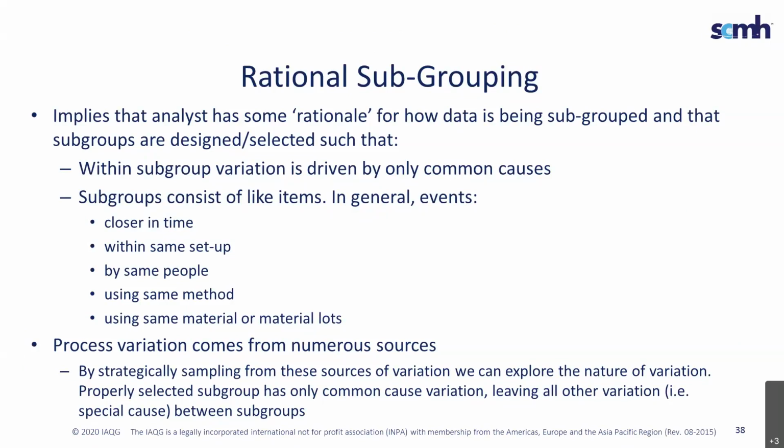And that's why we use subgroups, because we can capture a moment in time with the information that we want. Now, if we look at process variation from numerous sources, we take that within group, look at it over time, and use those rational subgroups to help us determine our within variation versus our between variation.